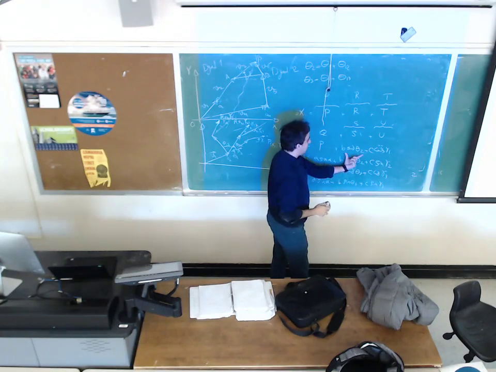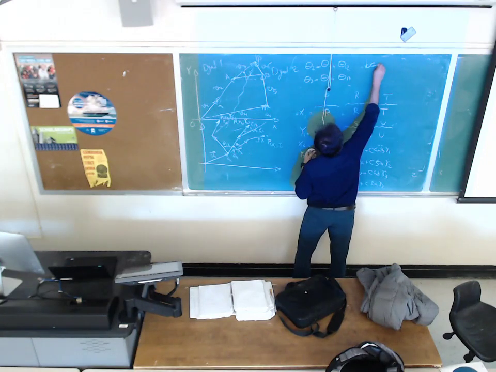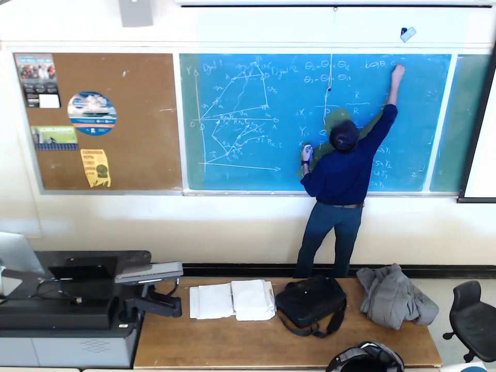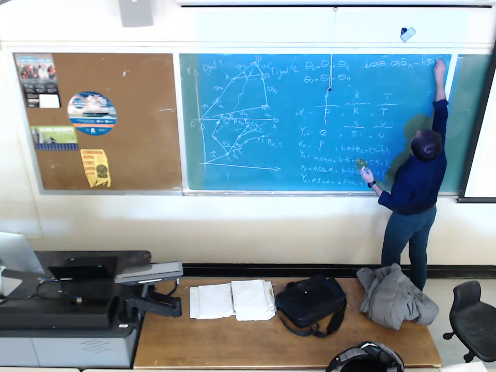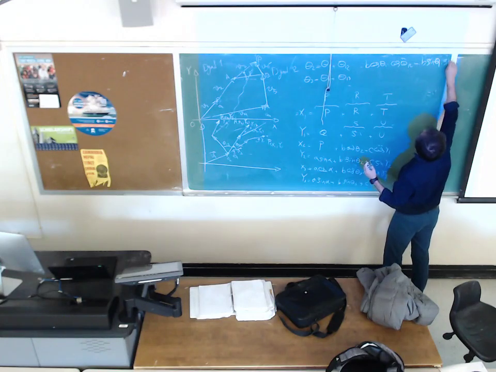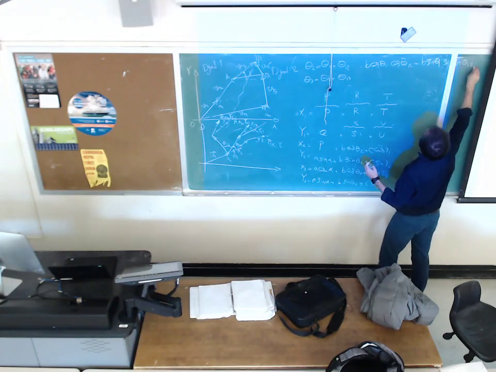If I expand this, it's going to be B cosine of theta 1 cosine of theta 12 minus B sine of theta 1 sine of theta 12.